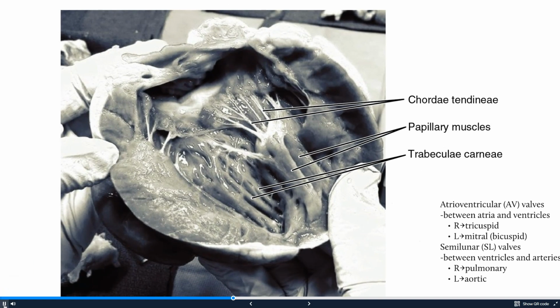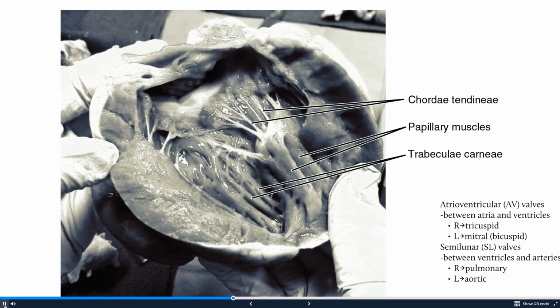This is a dissected, opened heart showing a special feature of the AV valves. They have these tendinous cords, or chordae tendineae, which attach the leaflet of the valve to the wall of the ventricle. We don't see those in semilunar valves or other valves in other systems in the body.